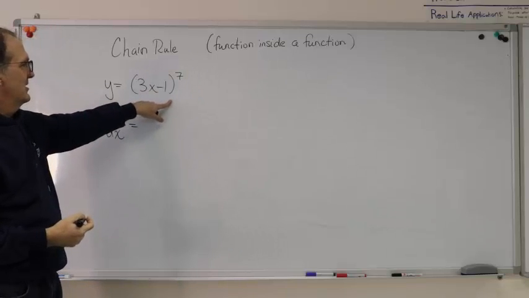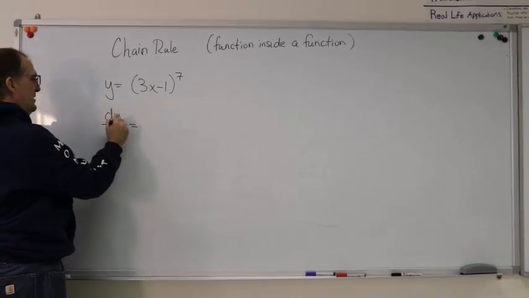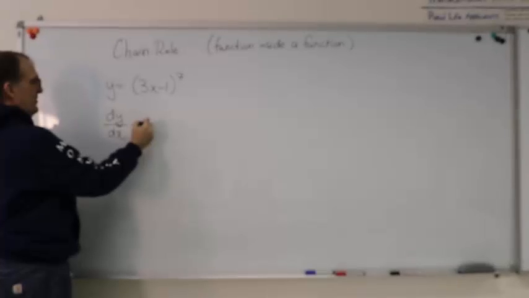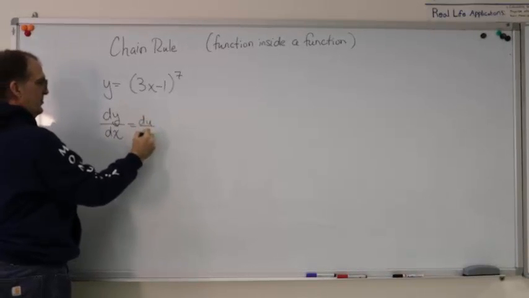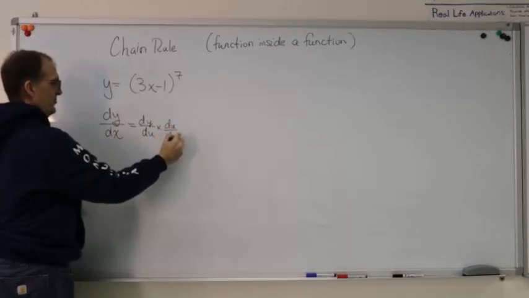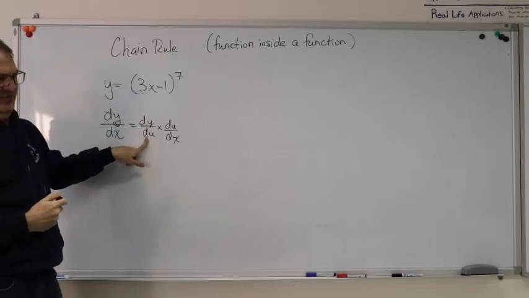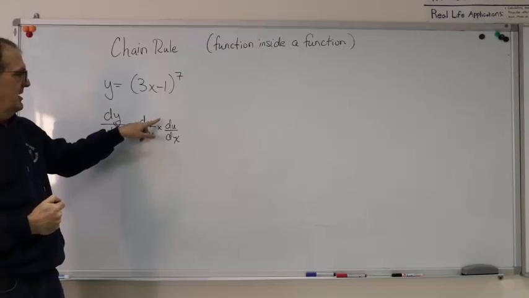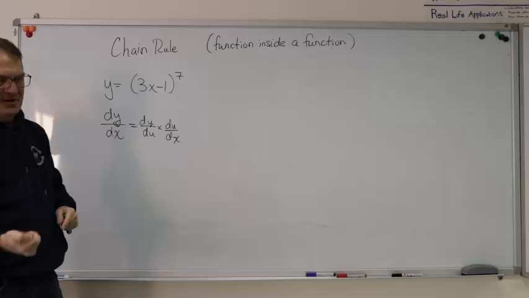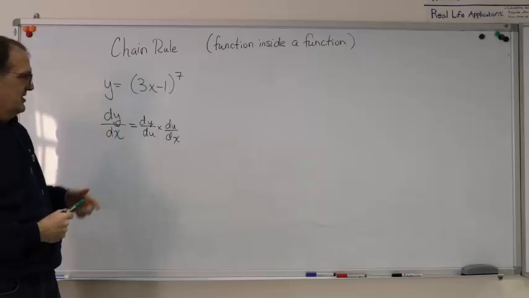Your formula booklet gives the chain rule as dy/dx equals dy/du times du/dx. So the derivative of y with respect to u, where we've introduced a new variable, times du/dx. If you think about fractions, these cancel each other out, so we have dy over dx.